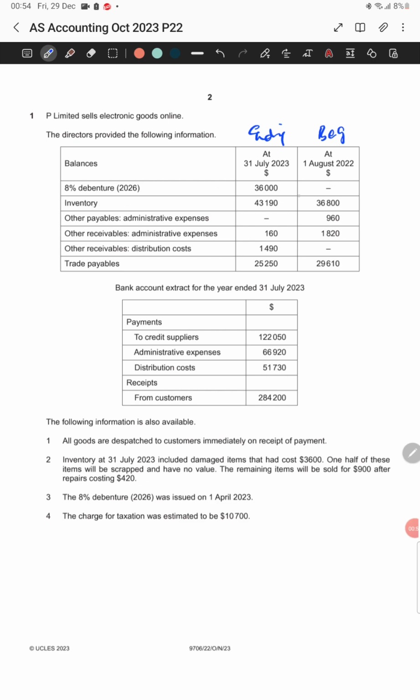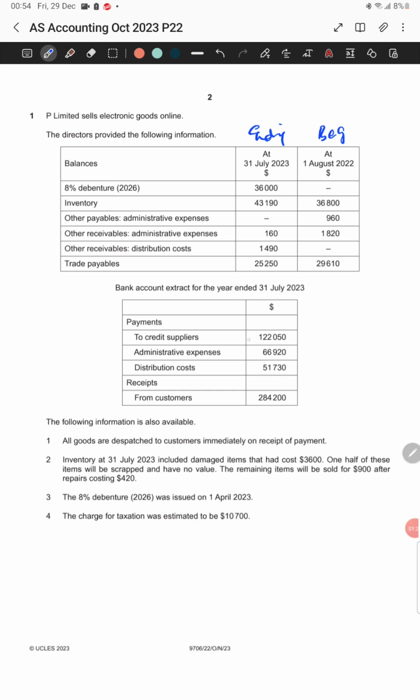Debentures, inventory beginning and ending, other payables, admin expenses, other receivables, distribution cost, and trade payables. Bank account extract for the year ended 31st July 2023.